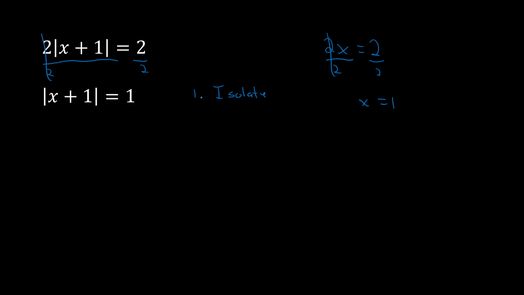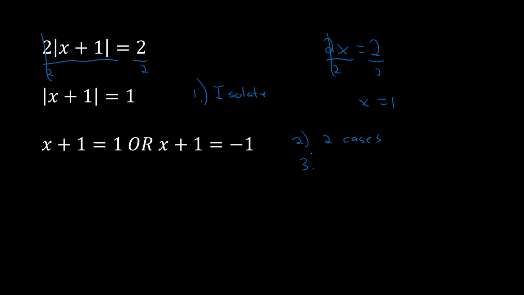Step 2 is to set up your two cases. So we do the same thing we've been doing before, where to get rid of the absolute value sign, we make two cases where x plus 1 equals positive 1, or x plus 1 equals a negative 1. So step 2 would be your two cases. And then from here, we can do step 3, which is solve.